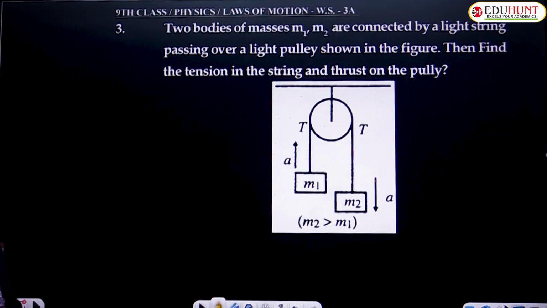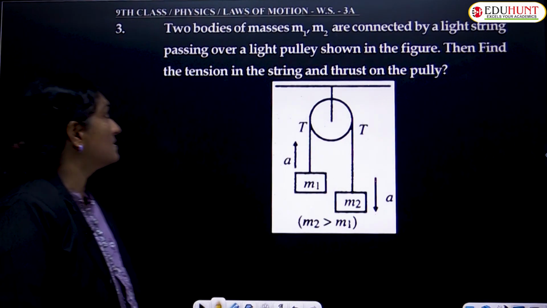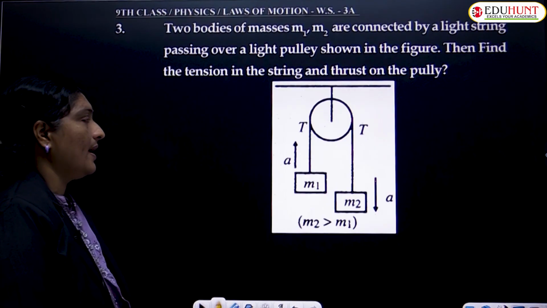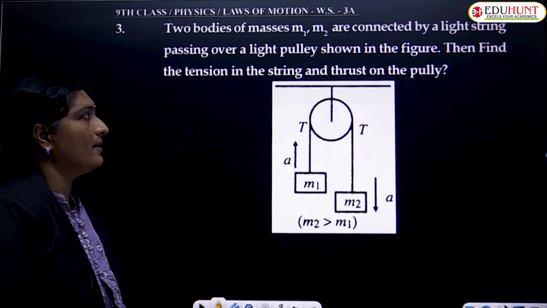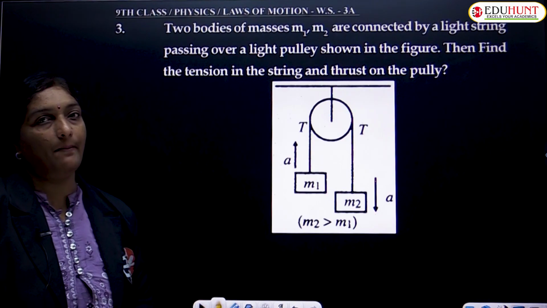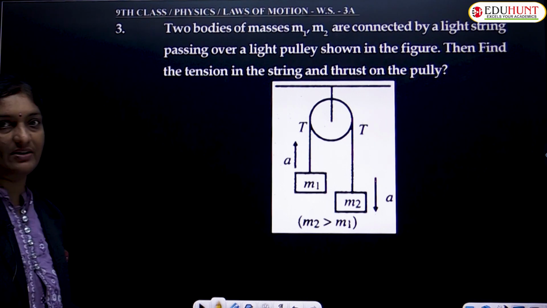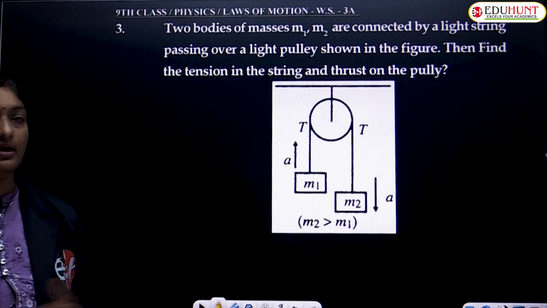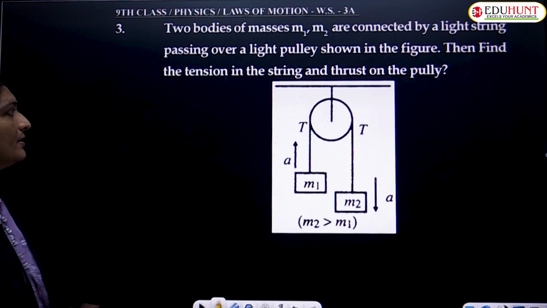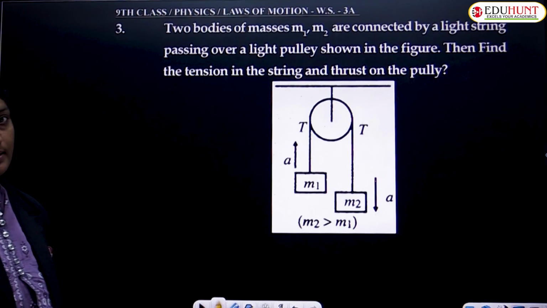So two bodies of masses M1 and M2 are connected by a light string passing over a light pulley as shown in the figure. Then you are asked to find the tension in the string and again the thrust on the pulley. Similar to the previous model, first let us write the equations of motion, then we will find the value of acceleration and then tension and finally the thrust.